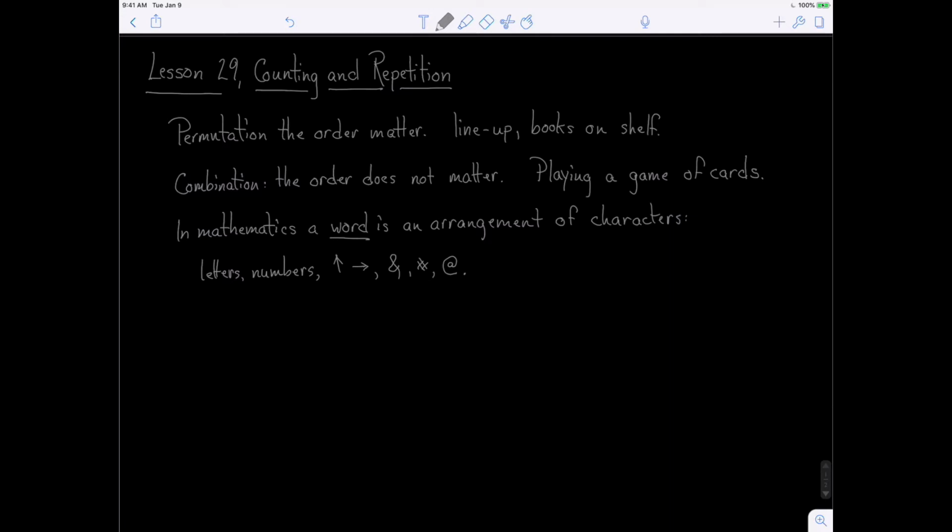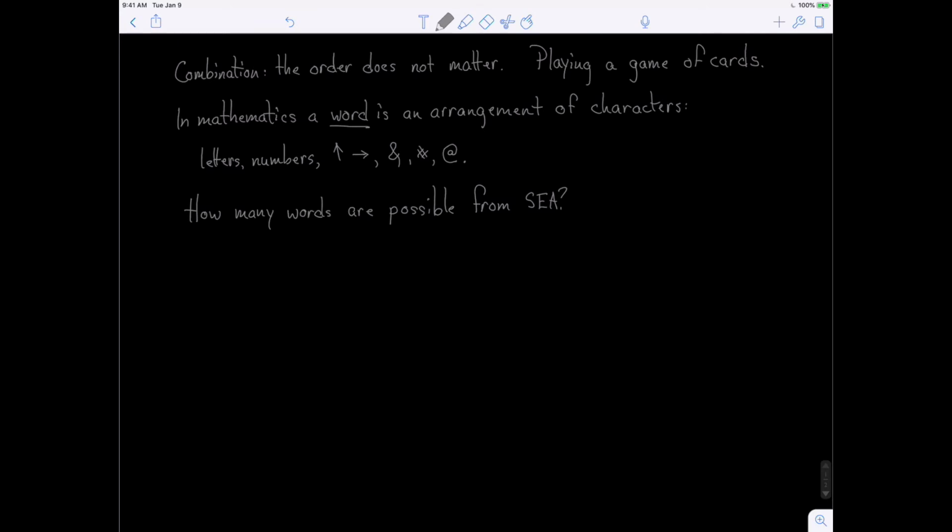So let's see how many words we can write, and we'll write this down. How many words are possible from C-E-A? Question mark. All right, this is how we attack this. So what I'm going to do first is I'm going to write out just ways I could arrange the letters.